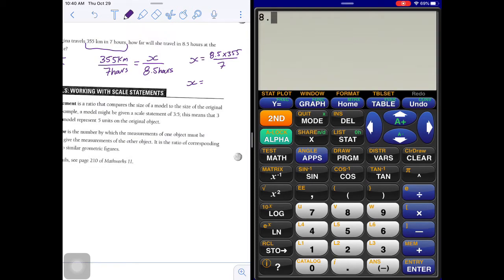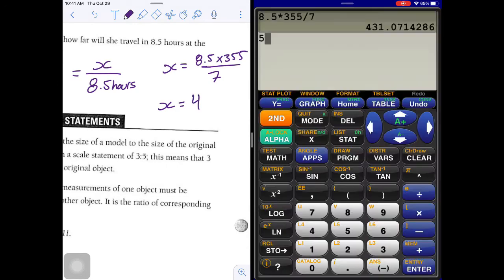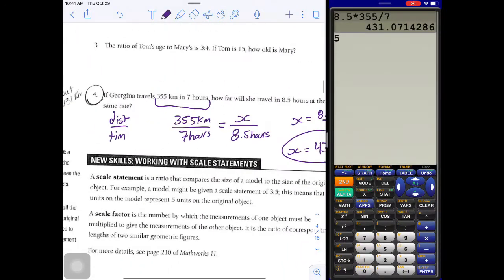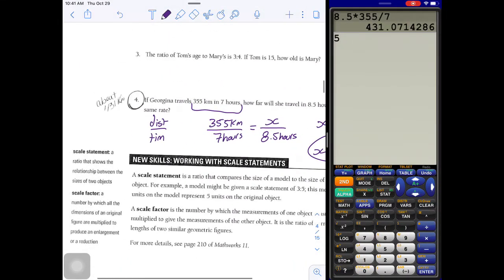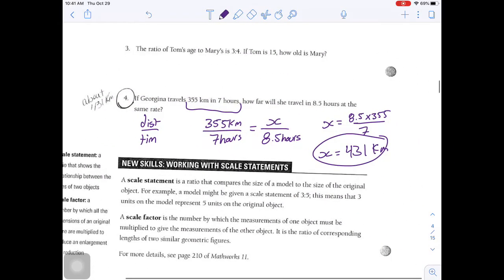So 8.5 times 355 dividing 7. And that's going to give us 431 kilometers. So since she used that exact same rate, we can use that. Just like how we do it in trigonometry. We have a slope. That slope is always the same slope no matter how far you go, so you can keep using it.